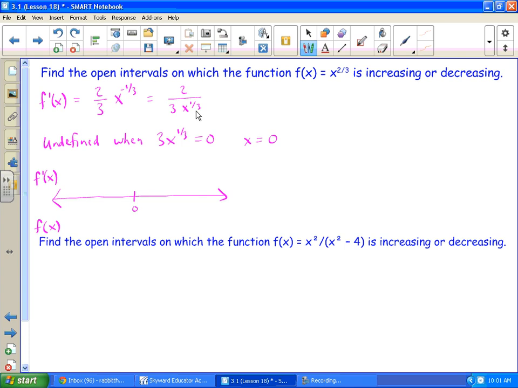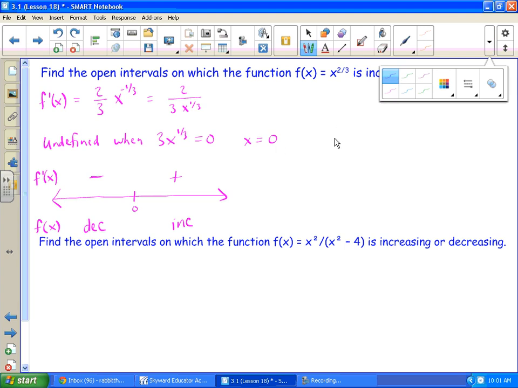If I have the cubed root of a negative, it's going to be negative times a negative times a negative. So it's going to end up being negative here. How about if I plug in a positive? Positive. So what's true about the function on the left side here? Decreasing, and here it would be increasing.